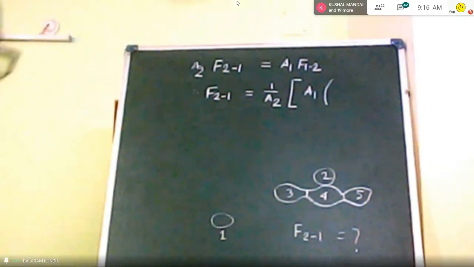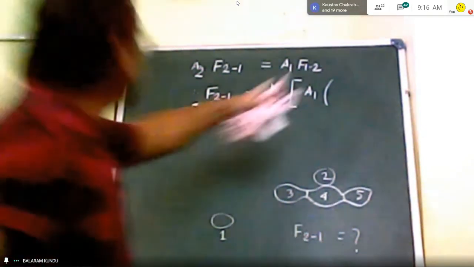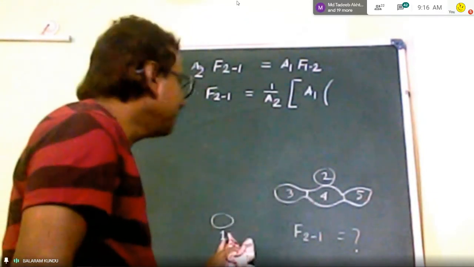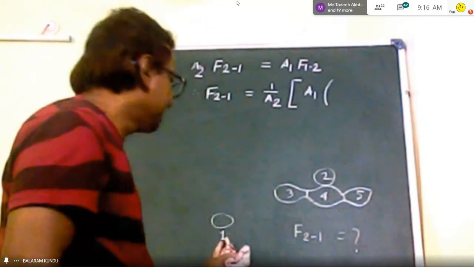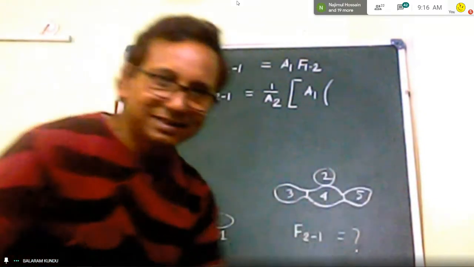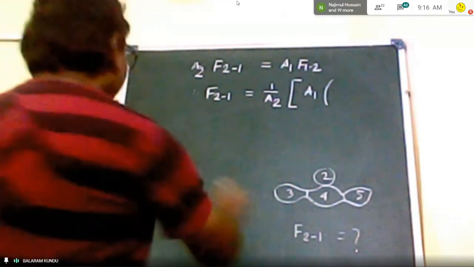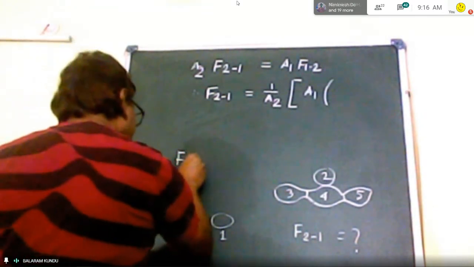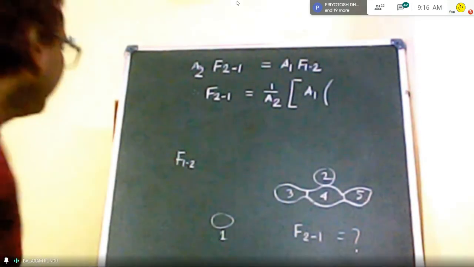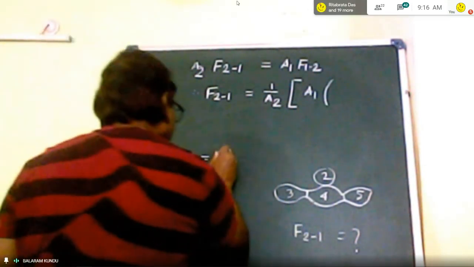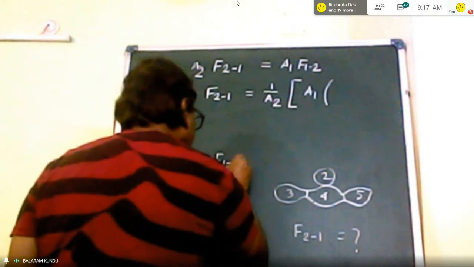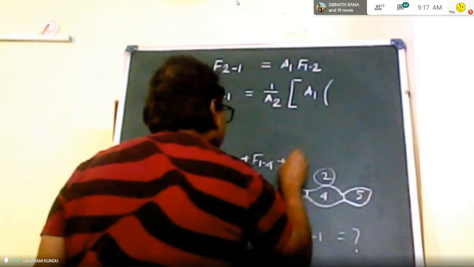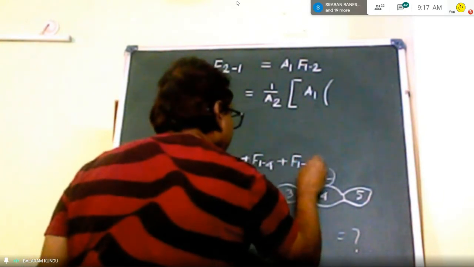F of 1, 2, 3 plus 1, 2, 4 plus 1, 2, 5. So for understanding, it is better to write it in a separate region: F12 should be equal to F of 1, 2, 3 plus F of 1, 2, 4 plus F of 1, 2, 5.